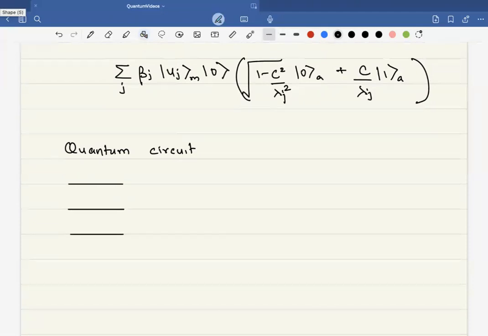The first part is the phase estimation part. This is my B, which is in the memory register. Then we have the other register, the ancilla register. So this is memory, this is the second register, this is the ancilla register.